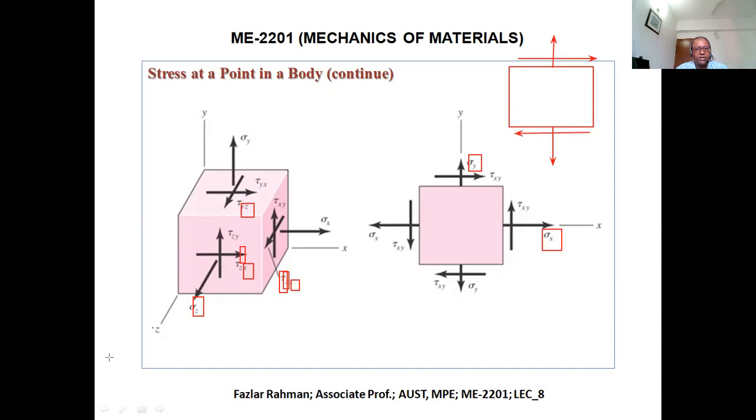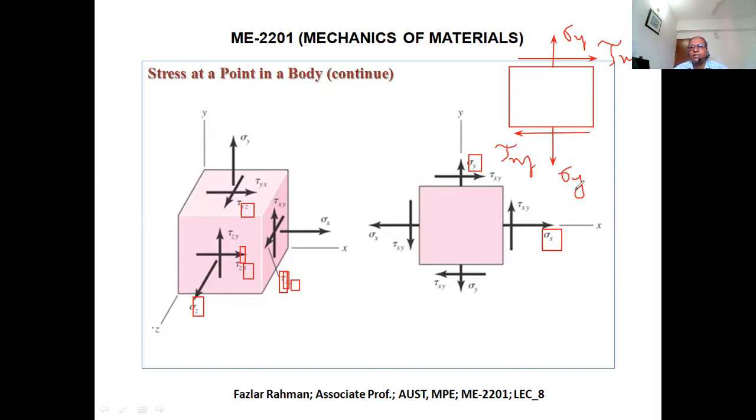So let me write down these 3 stresses. This is sigma y, and this will be sigma y. And this one is tau xy. This one will be tau xy.